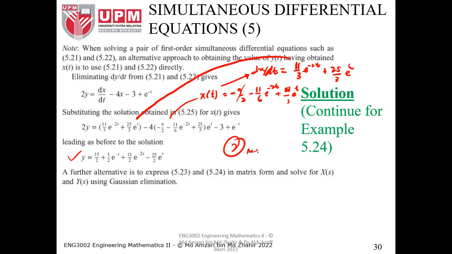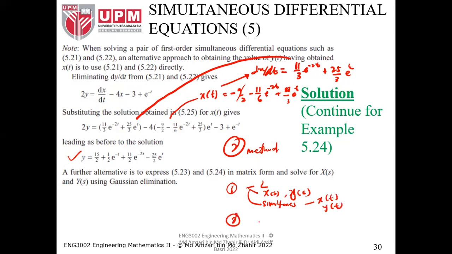The first method is to solve using Laplace: you find x(s), x(t), y(s), then solve simultaneously, and you get x(t) and y(t).